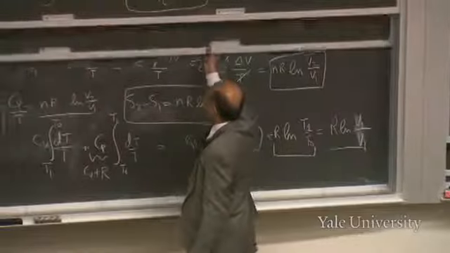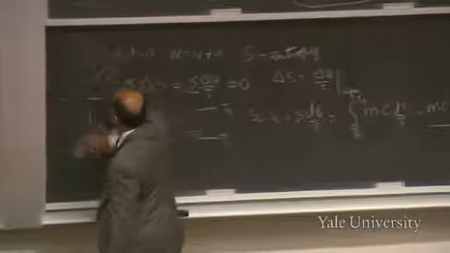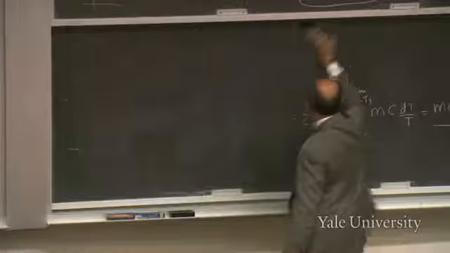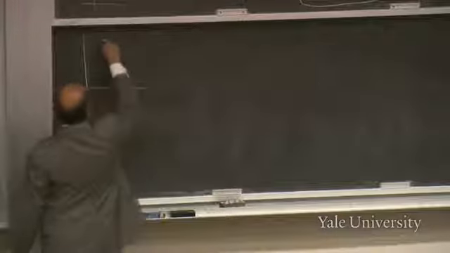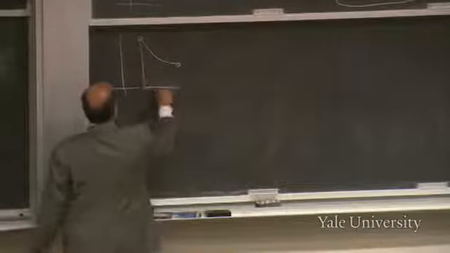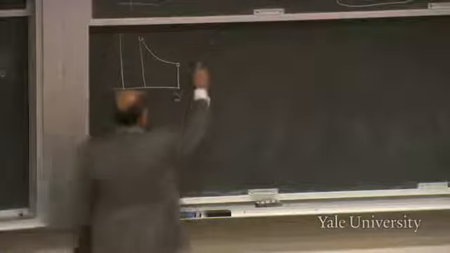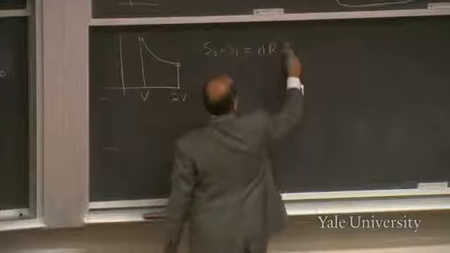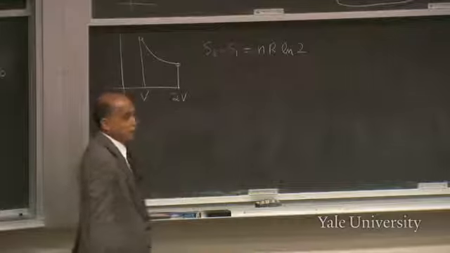All right, now the last point is, let's analyze this final formula I got for entropy change for free expansion of a gas. Let's take a simple case where the gas expanded from some volume V to volume 2 times V. What is S2 minus S1? S2 minus S1 is N R log 2. 2 happens to be V2 over V1.